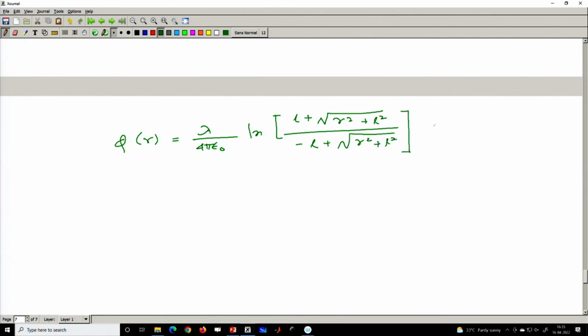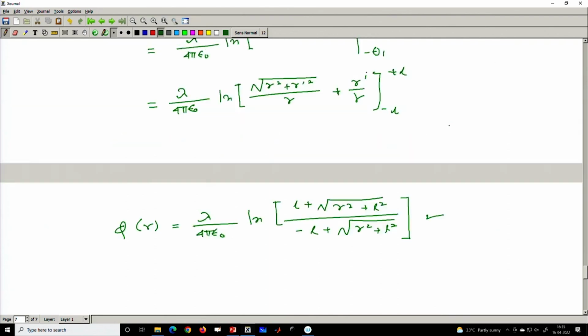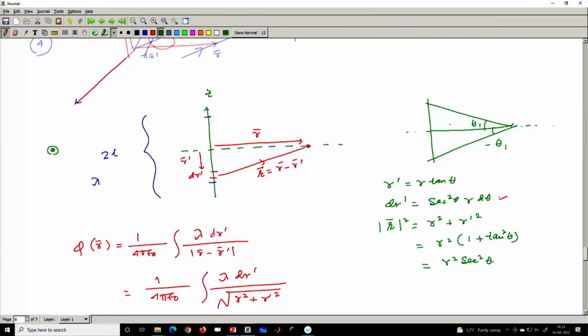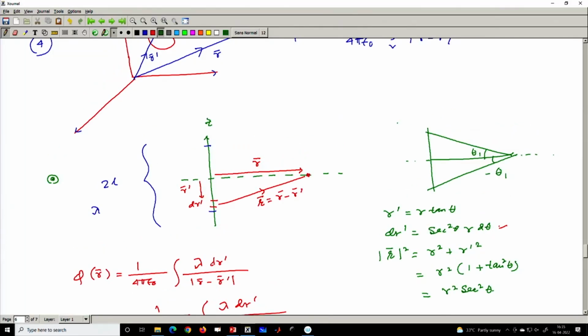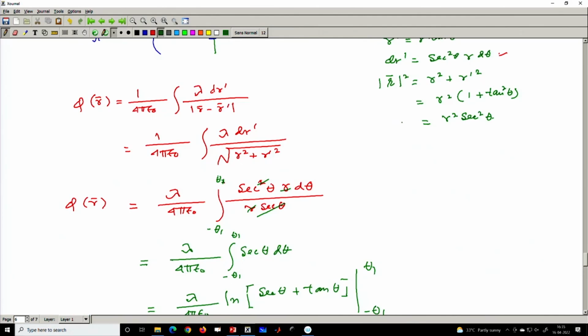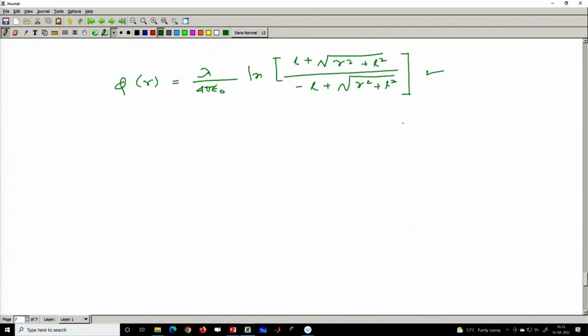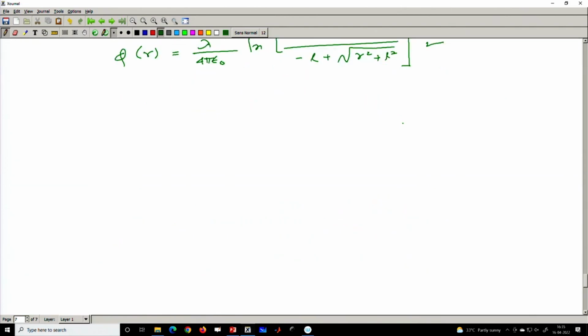So, this is the value of the potential for a charged wire with length from plus L to minus L. Now we are going to exploit this result to find the total electric field at some point R, which we also calculated earlier using Gauss's law, so that we can cross verify.